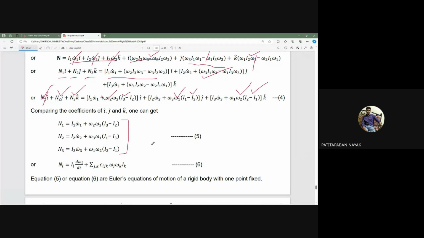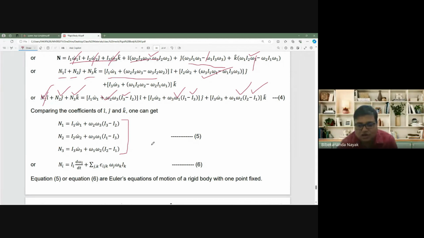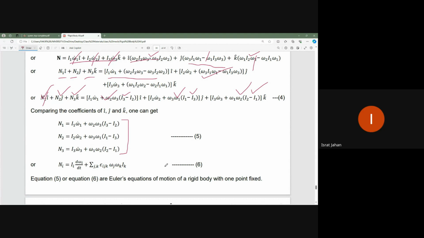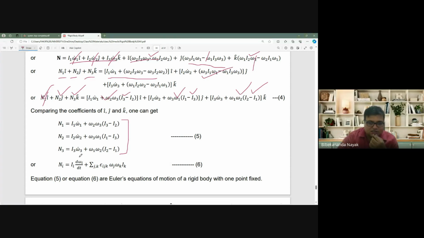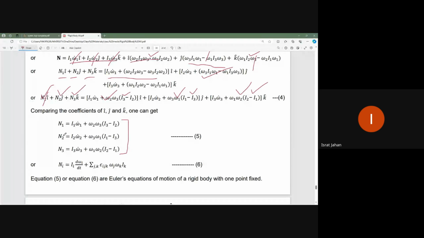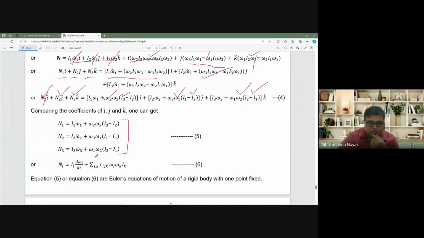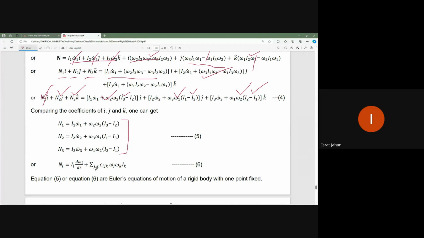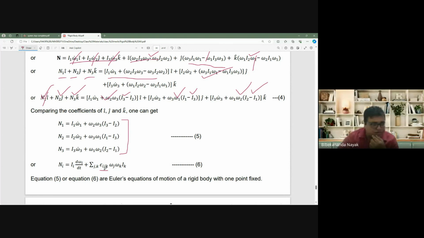Yes, sir. This is actually your Euler equation of motion of a rigid body. Very easy and simple. Euler equation of motion. Combining these three, we can write N_i is equal to I_i d omega_i by dt plus this term, epsilon_ijk omega_j omega_k I_k. The Levi-Civita symbol, you know, in mathematical physics.